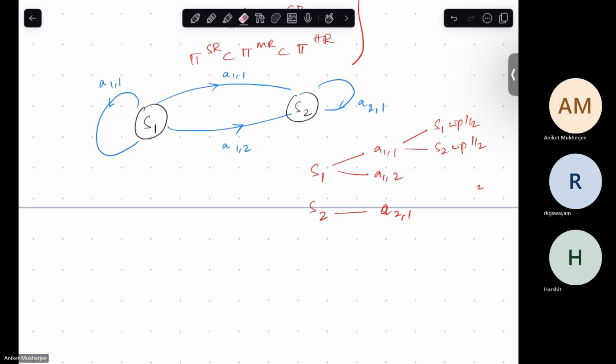If I choose A12, I go to S2 with probability 1. And with A21, I stay at S2 with probability 1.